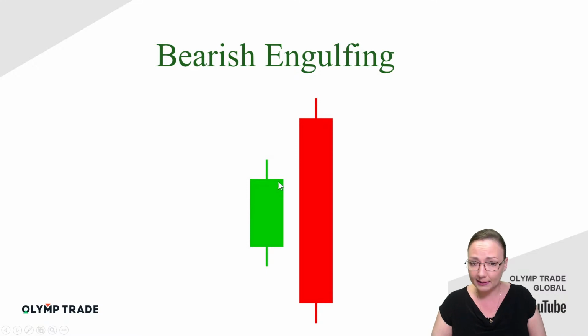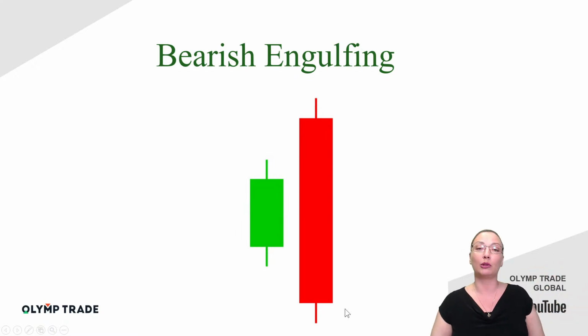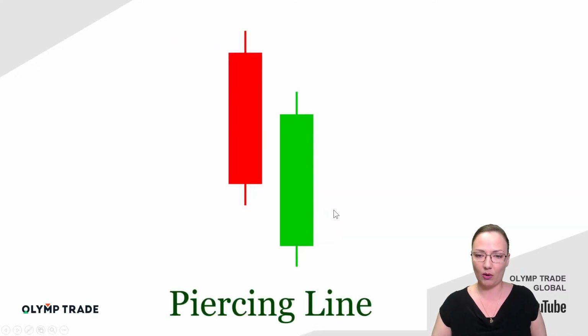As you remember, on a green candle, this is the price opening, this is the price closing. On a red candle, this is the price opening, and this is the price closing. So the price has to open above the green candle and close below the green candle. These are probably two of the most popular Japanese candlestick patterns, the bullish and bearish engulfing.